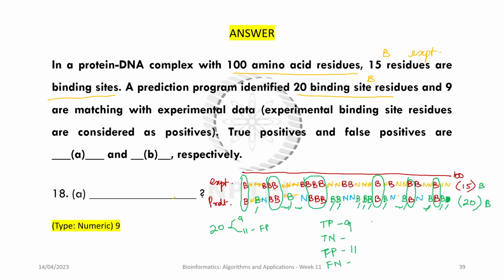So a false negative will be when you have a negative, but it is actually positive, which can be true because there are cases where you have six more Bs in experimental which are not matching with predicted values. So you might have six here, and the rest will fall into true negatives.